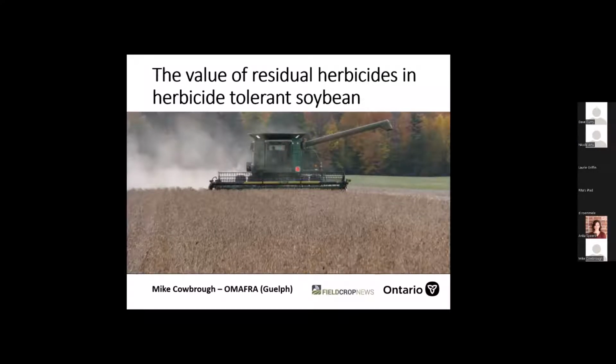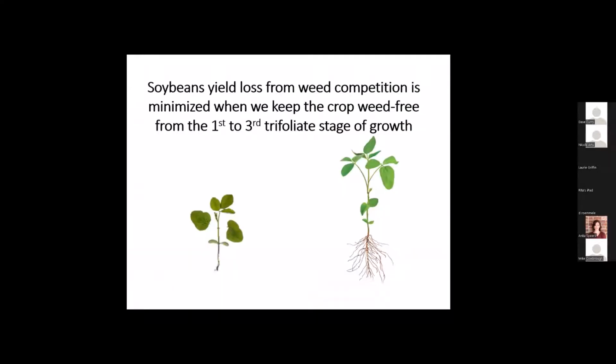So I want to anchor our presentation first with the critical weed-free period, because that kind of defines our approach to what we do with weed control in soybeans. And really the critical period, we all know it, but it always helps to refresh it every year, is that soybean yield loss from weed competition is minimized if we can keep that crop weed-free from the first trifoliate stage of growth up into the third trifoliate stage of growth.